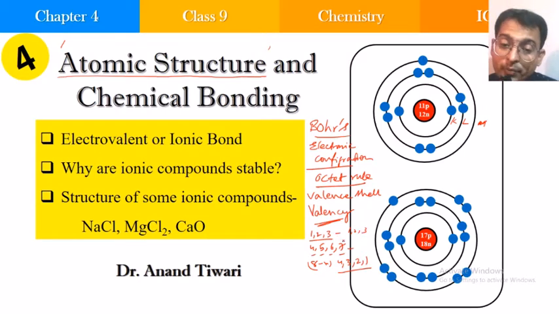So based upon the knowledge of the valency of the element, we are able to guess the chemical property of that element. So valency 1, 2, 3 means it will be metallic in nature. This will be non-metal. These are the kind of knowledge we can get if we know the valency of the element.